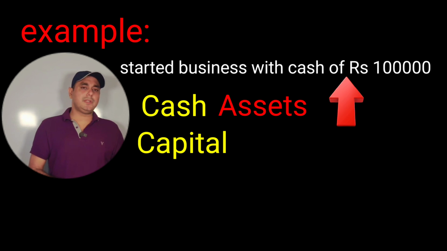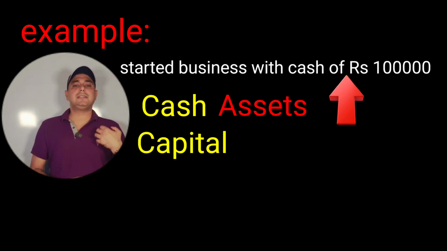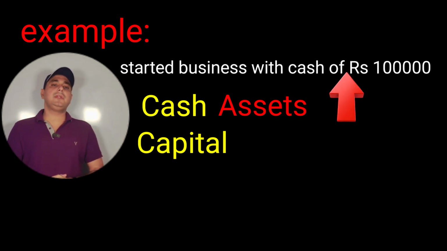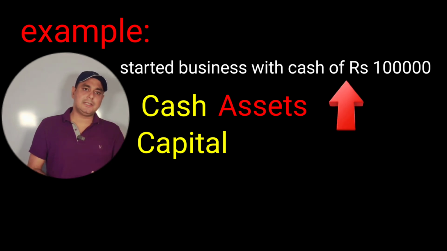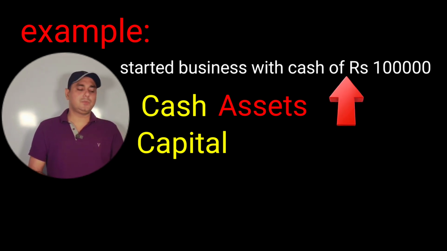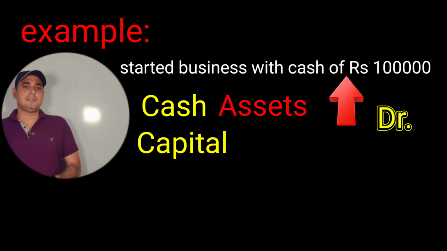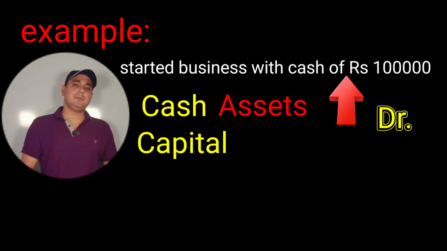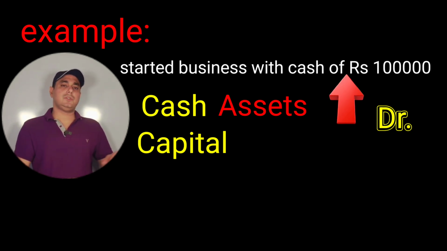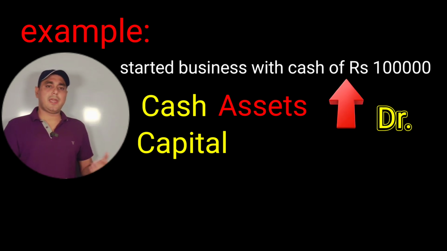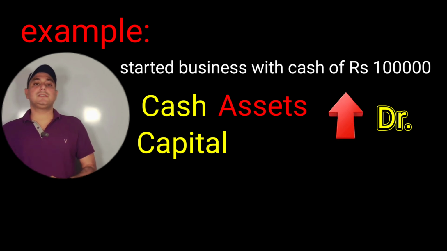So the rule for assets is, if assets increase in the business, it will be debited, and if assets decrease, then it will be credited. In this transaction, cash increases in the business because we bring cash into the business, so we debit the cash. And another aspect is capital.